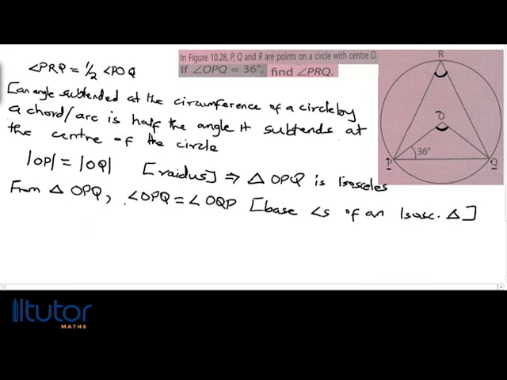Okay, so OPQ is already given to us as 36 degrees. It was given. So therefore, since angle OPQ is equal to angle OQP, it implies that angle OQP is also 36 degrees.